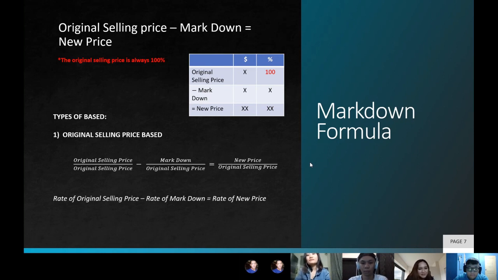That is, the rate of original selling price minus the rate of markdown equals the rate of new price.